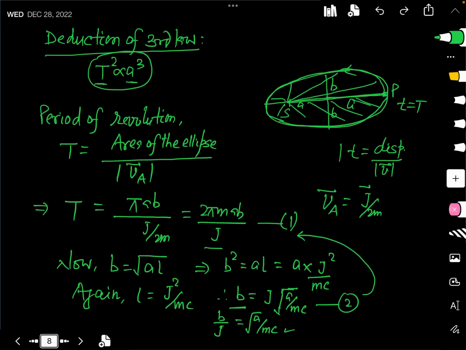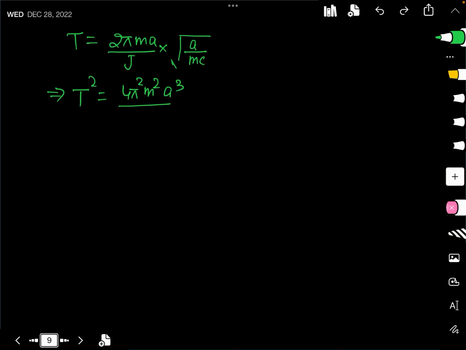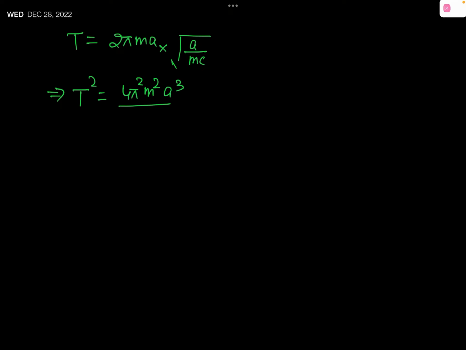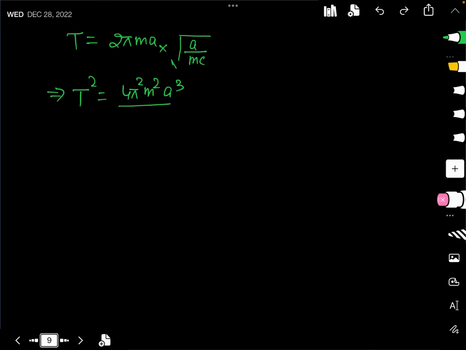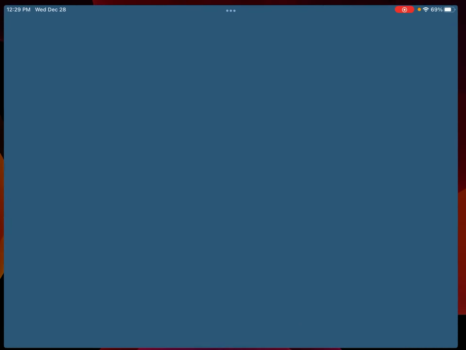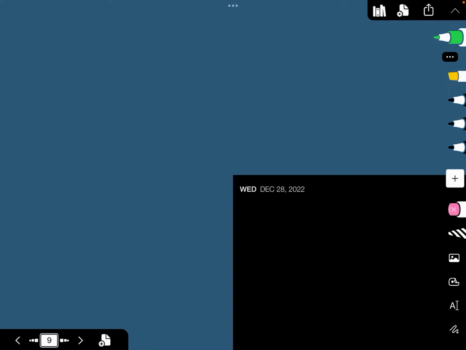J is already eliminated, so you do not write J here, because I have substituted the value of B by J. So this is 4 pi square m square A cube divided by MC.